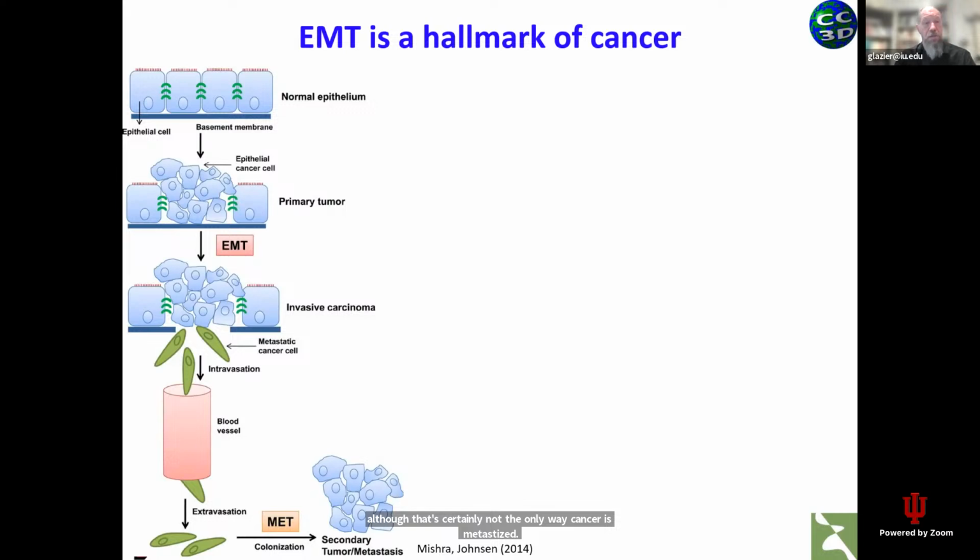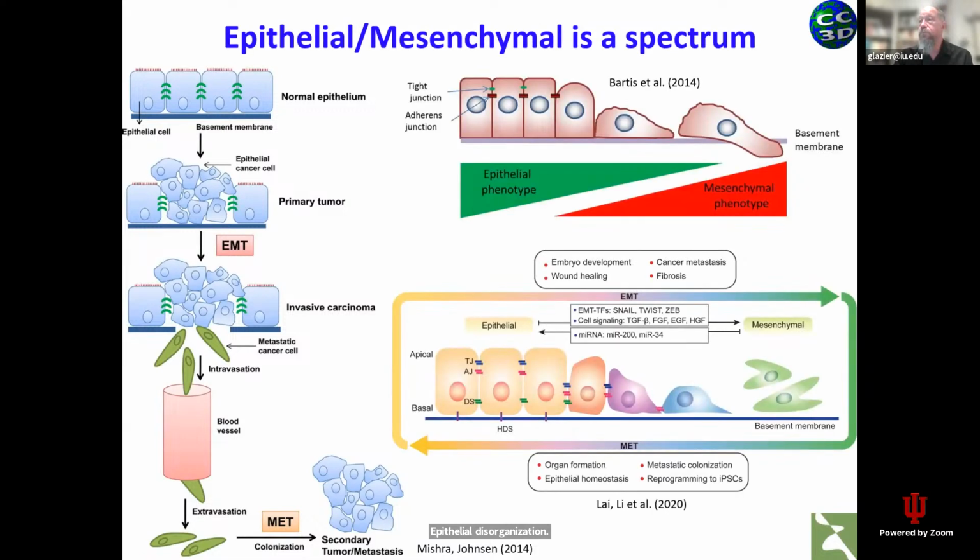You already saw yesterday in the short talk that was given by Joel that you can have disorganization of epithelia in the eye after injury. Jim Sluka is going to give a breakout session where he talks about epithelial disorganization in ovarian cancer. And so epithelial disorganization is a key hallmark of cancer.